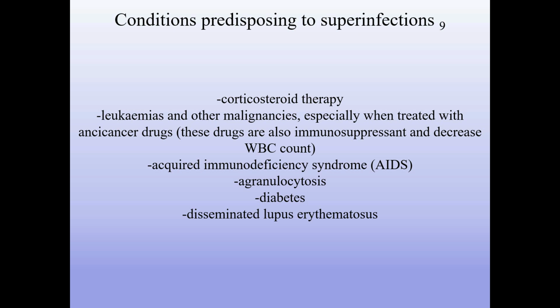Conditions predisposing to superinfections: corticosteroid therapy, leukemias and other malignancies, especially when treated with anti-cancer drugs. These drugs are also immunosuppressant and decrease white blood cell count. Acquired immunodeficiency syndrome, AIDS, agranulocytosis, diabetes, disseminated lupus erythematosus.